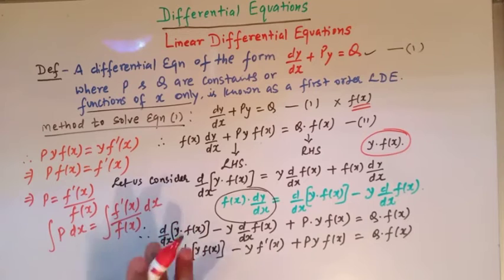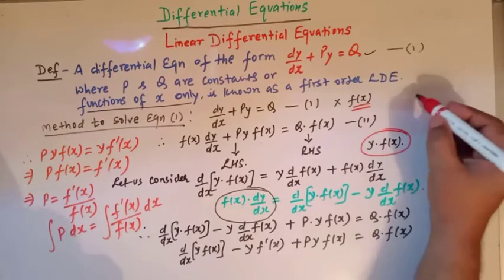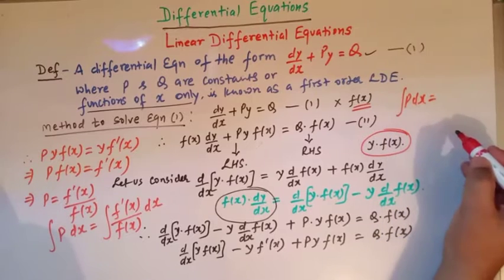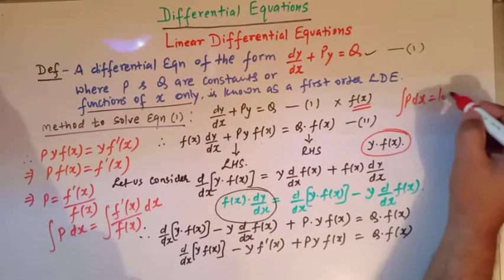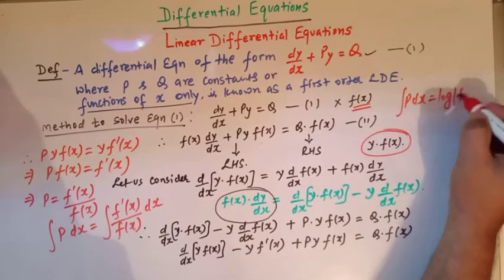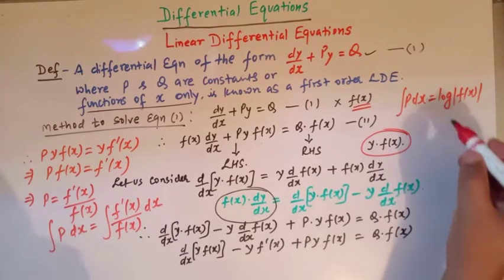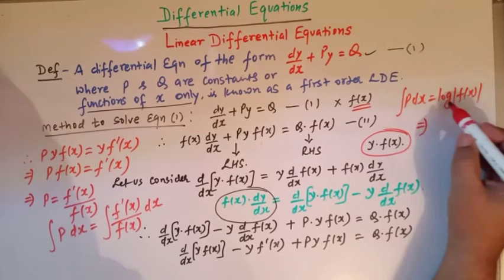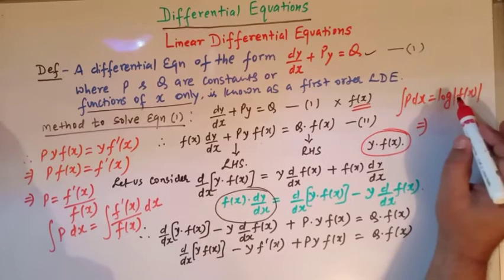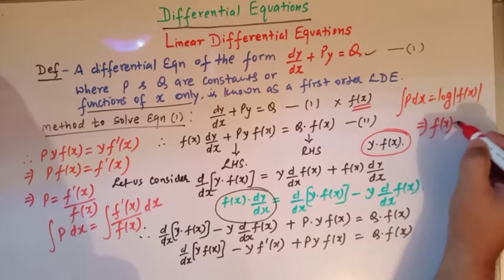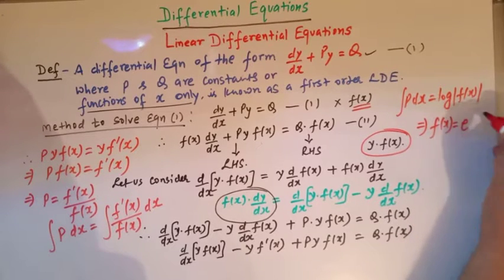Now this can be written as follows: integral of p is equal to log of f of x. Clear? And by using the definition of exponential function, we can write f of x as e raised to integral of p.